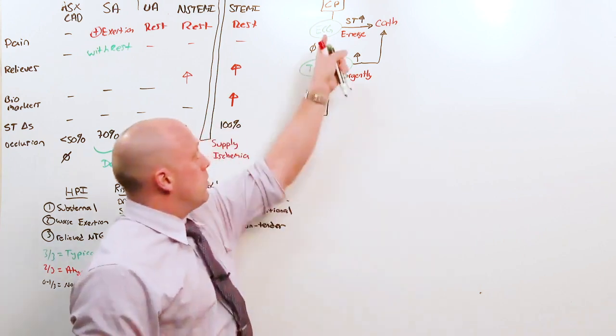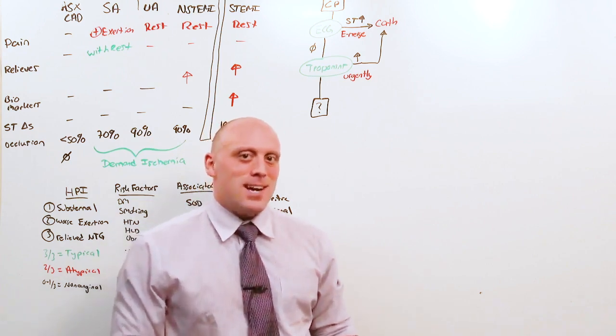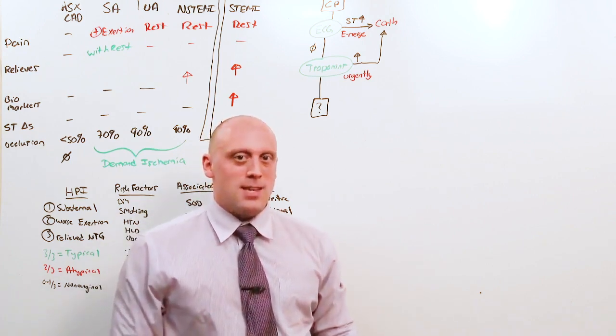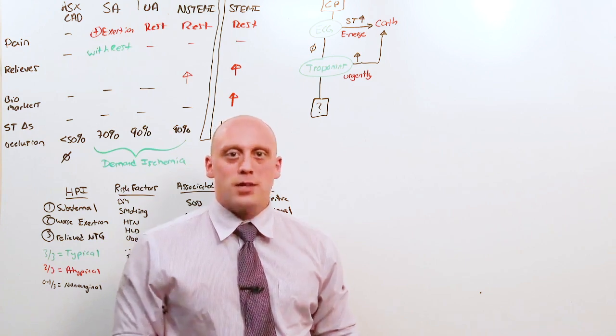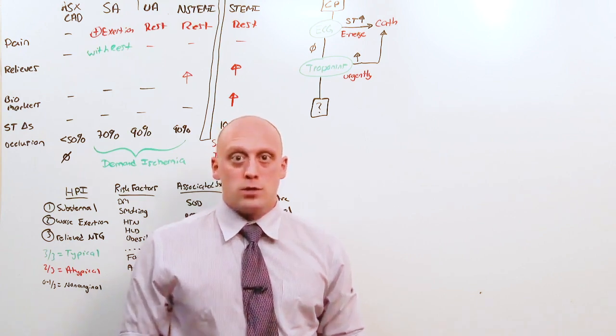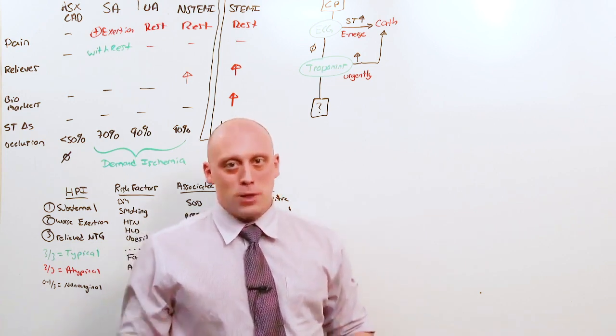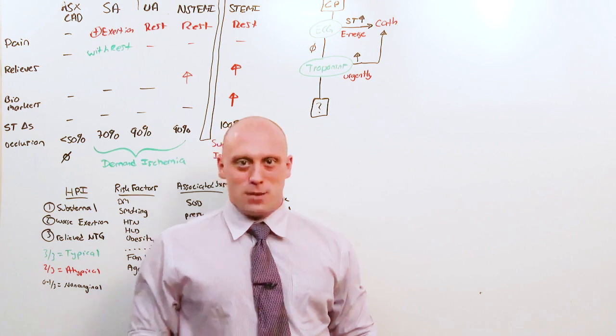When you've ruled out STEMI and NSTEMI, the question you ask next is not, is it unstable angina? It's, is this chest pain coronary ischemia at all? And you'll do this a lot on your inpatient medicine rotations, rule out chest pain. Initial troponins, EKGs are negative. Bring them in for repeats, stress test in the morning.